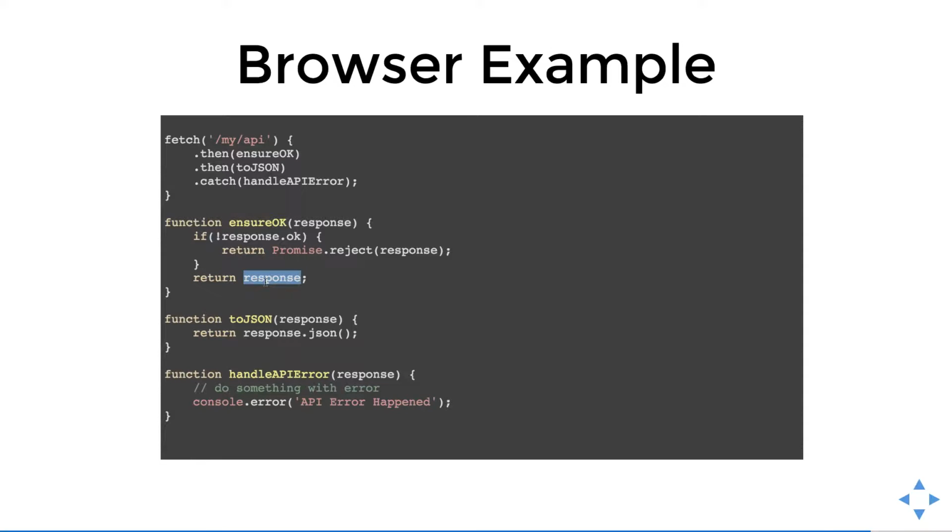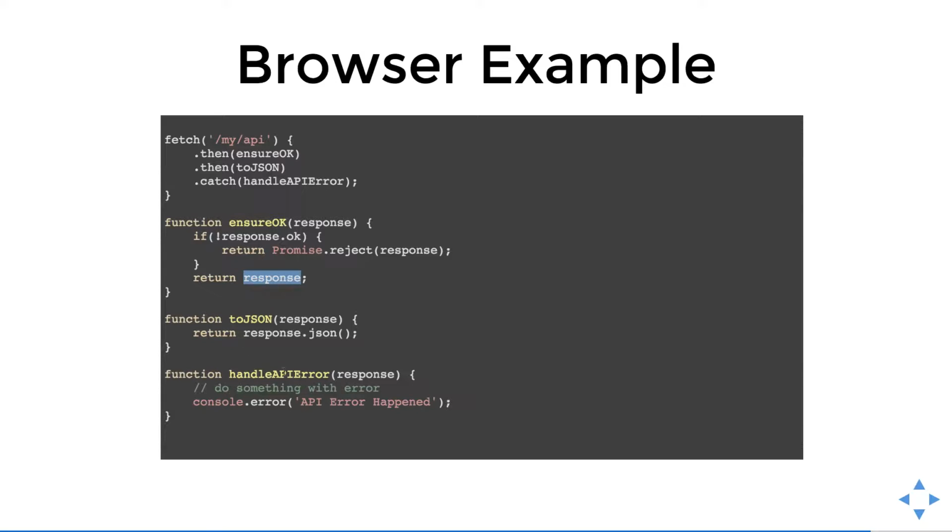The promise API automatically wraps this into a promise. So the to.json is still kind of operating under the sense of a promise. So if I returned here another promise, another fetch, the next thing in the line is going to wait until that next fetch happens before it goes on. That's how you're able to orchestrate that series of asynchronous events.